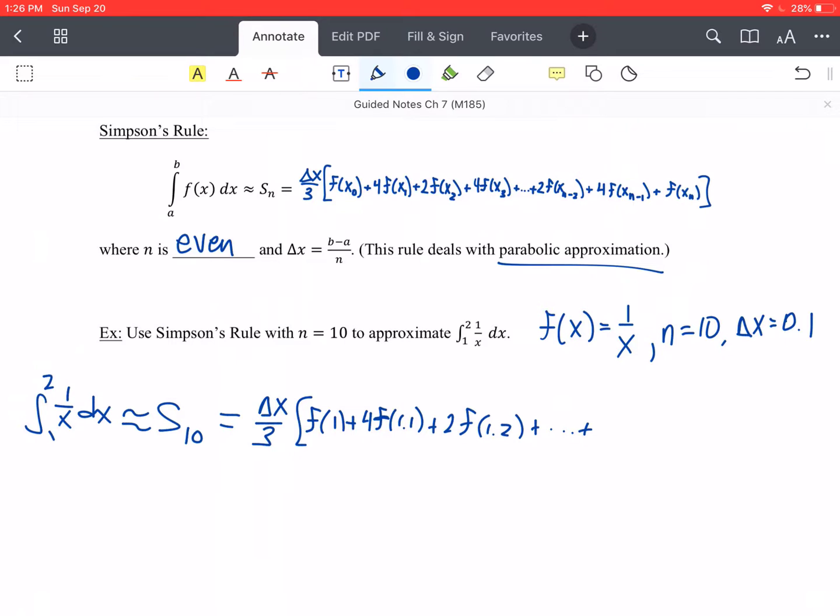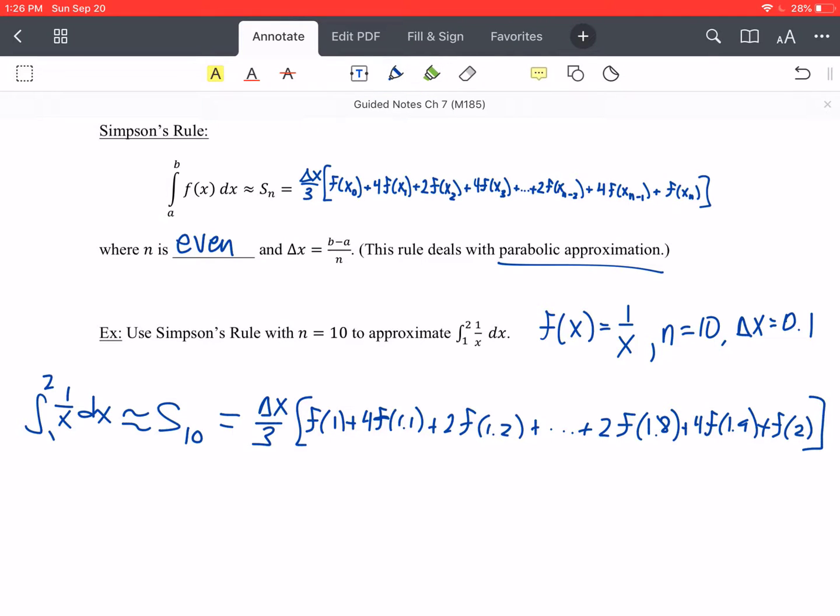This goes all the way to plus 2f of 1.8 plus 4f of 1.9 plus f of 2.